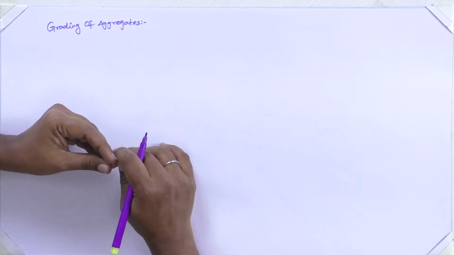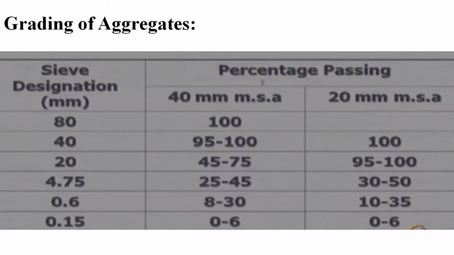Let's have a look at the table. Here they have given the sieve designation 80, 40, 20, 4.75, 0.6 and 0.15, and the percentage passing for 40 mm nominal maximum size of aggregate and 20 mm nominal maximum size of aggregate.